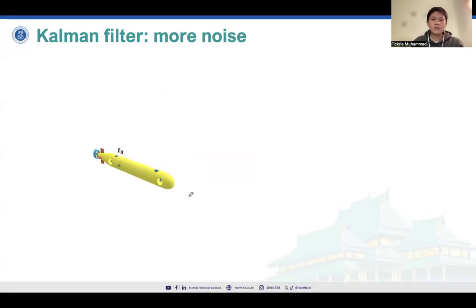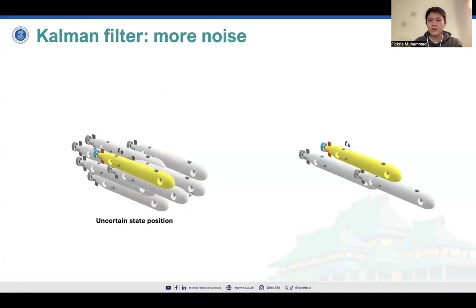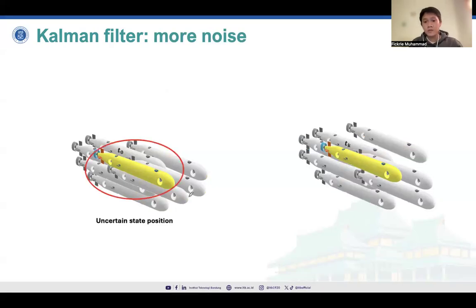So of course, over time, the measurements will accumulate some noise. For example, you can see here, this is our state position, which is already uncertain, already noisy enough. And then our next state will again have measurements.